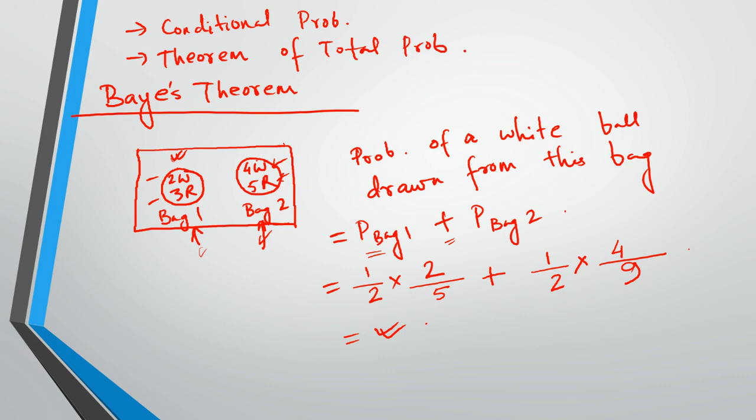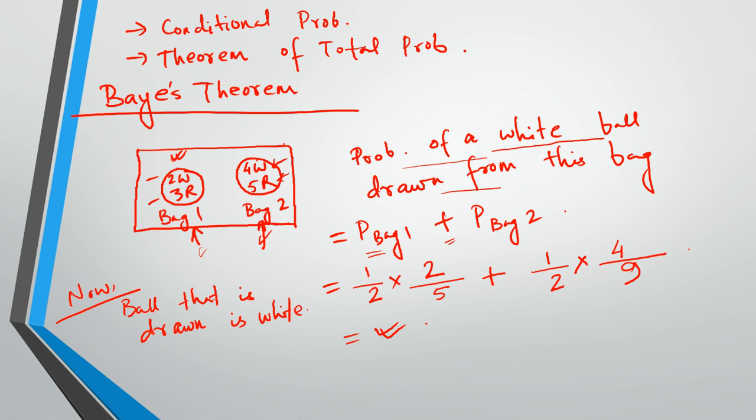Okay. Now, let's say we are given a different scenario this time. This time we found out the probability of a white ball drawn from these bags. Now let's say they tell us the ball that is drawn is white. I want you to please pay attention, because this is a little tricky scenario. They tell you the ball that is drawn is white.